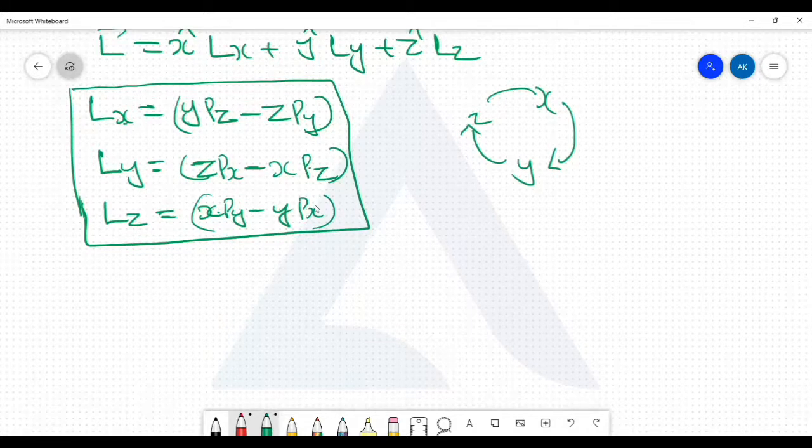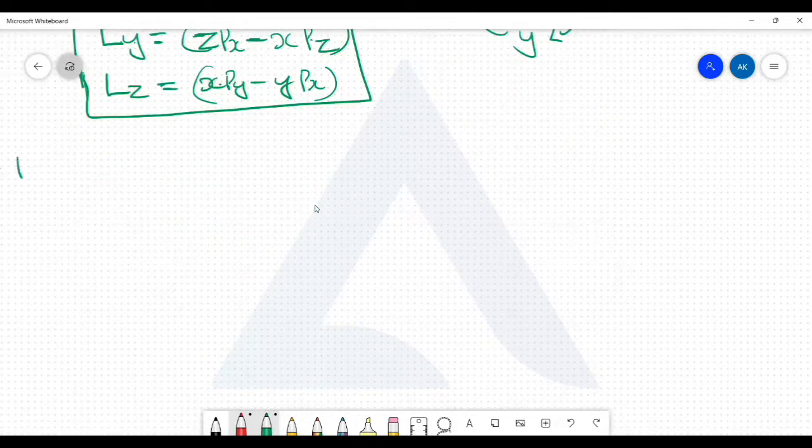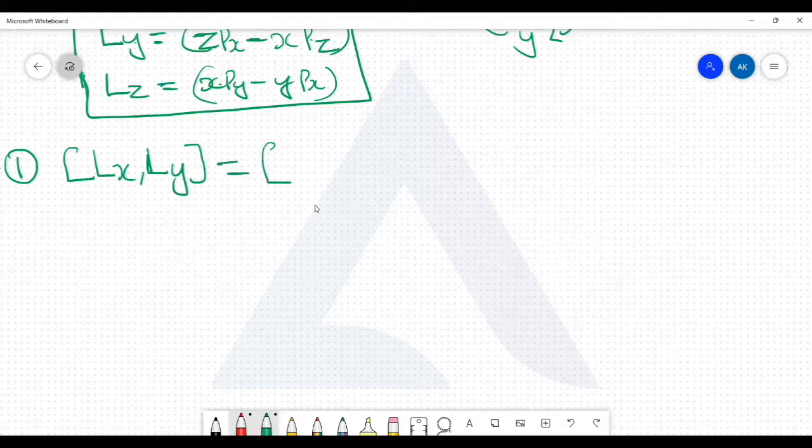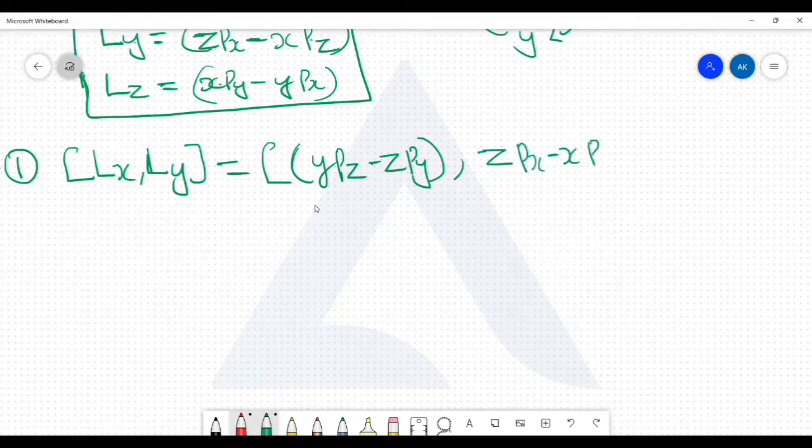Now let me solve some questions for you. The first one is the commutator of Lx, Ly. Lx is ypz minus zpy, right? Ly is zpx minus xpz. So apply the condition of linearity.